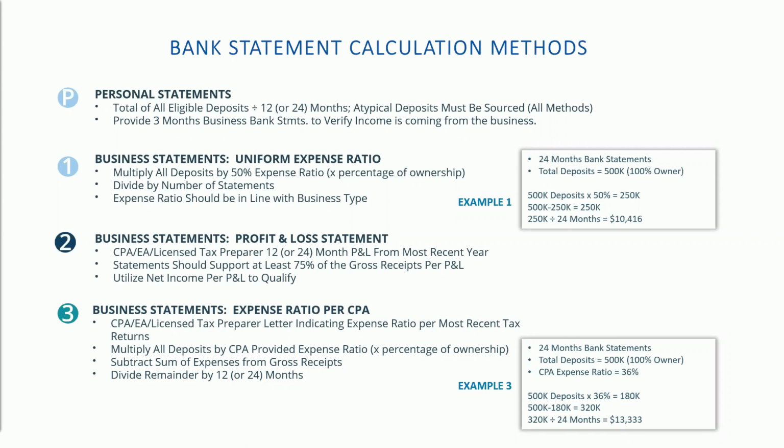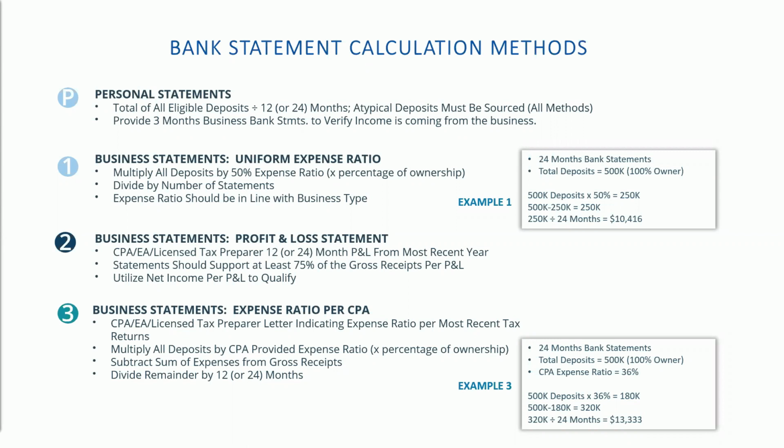Normally, I've seen maybe a handful, but typically if someone has a business bank account, that's what they submit to us, right? Not the personal. Once we have commingled accounts, we can still use those personal statements, but we're going to use a business method of calculation. So either 1, 2, or 3 on the business side, we will use that method of calculation on the personal statements. So let's look at 1, 2, and 3.